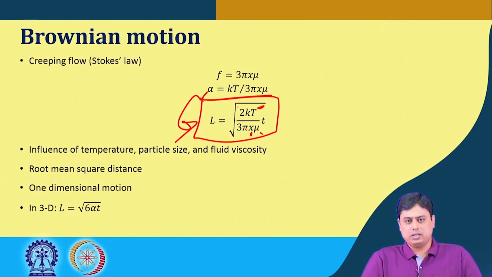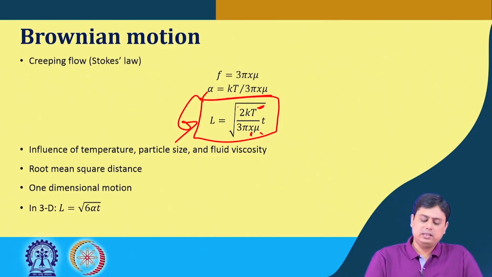So, during sedimentation, the motion of the particle is considered one dimensional, in the direction of gravity, and not in the other two orthogonal directions. That is basically the reason this expression has importance.